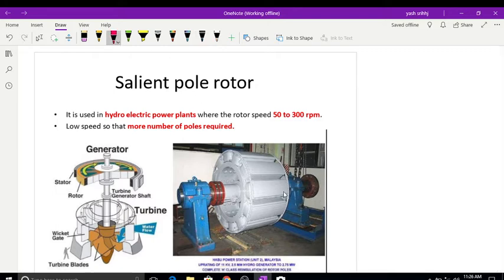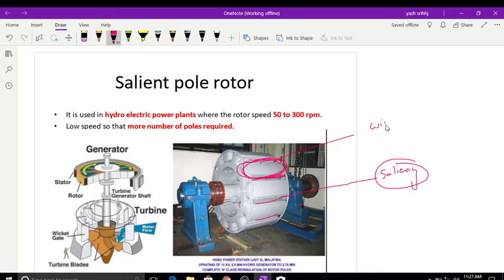You can clearly observe the gap here, here, and here. This gap is called saliency. Surrounding these poles, the winding is placed like this.